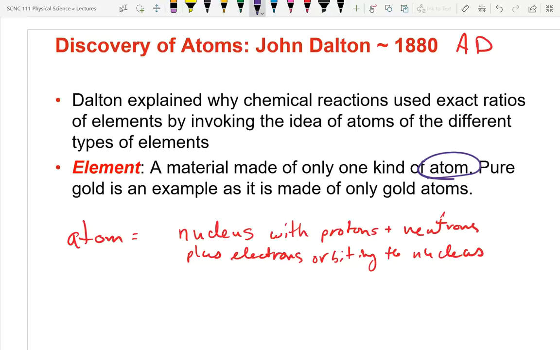If it has one proton, what's it going to be? Hydrogen, right? Because hydrogen is the one that has one up there in the corner. That means it has one proton. So now for everybody, let's say it has 8 protons.